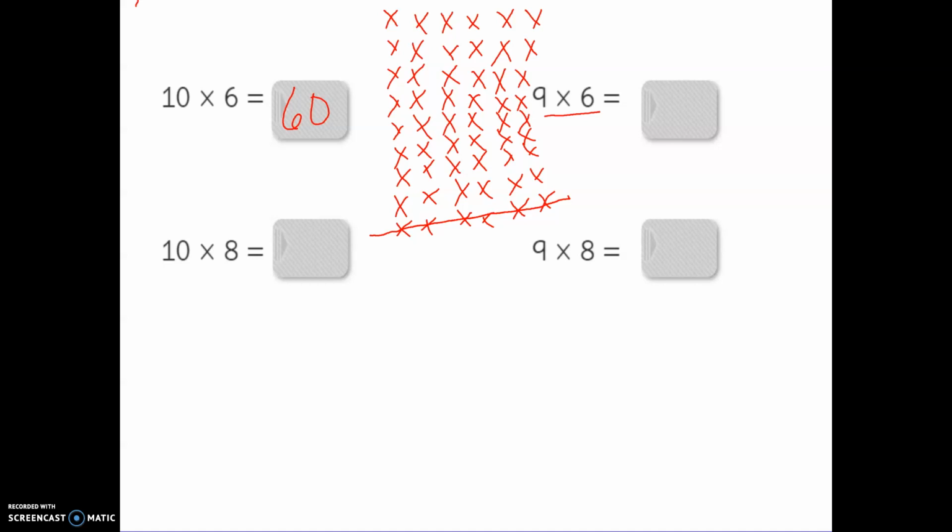Or if I know that I had 60 and I'm taking away 1 six, a row of 6, then I can just think of what's 60 minus 6. 60 minus 6 is 54.